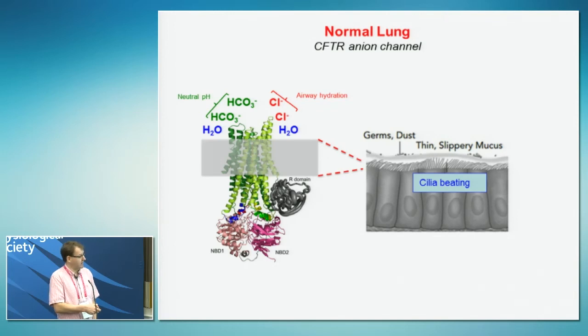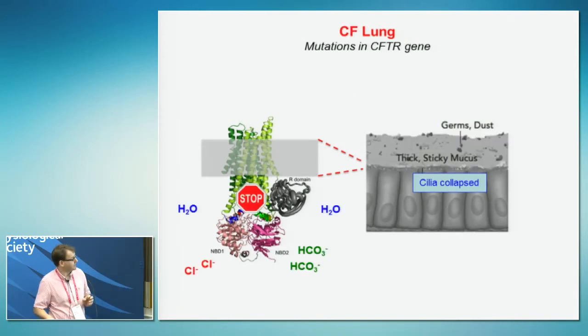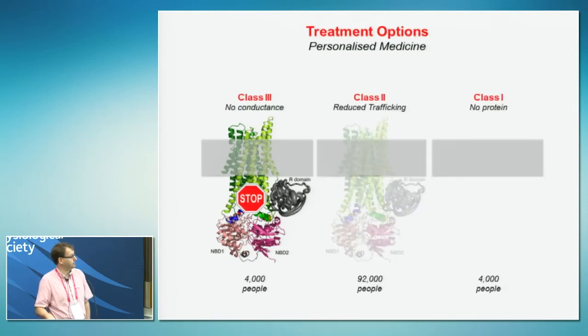And this creates a nice healthy lung with cilia beating, slippery mucus on top, and any germs or dust which come in we can cough out and expectorate. But if you've got mutations in CF, then this process doesn't work and the cilia collapse, we get a thick sticky mucus, and we get this very debilitating and life-shortening disease.